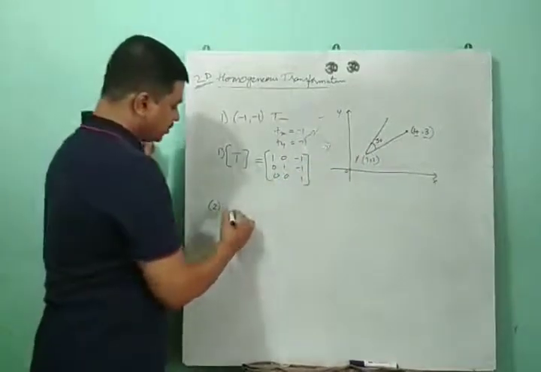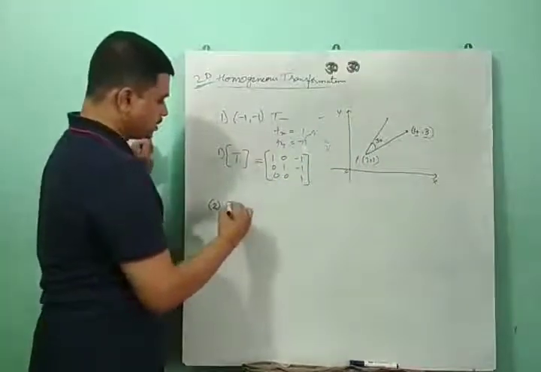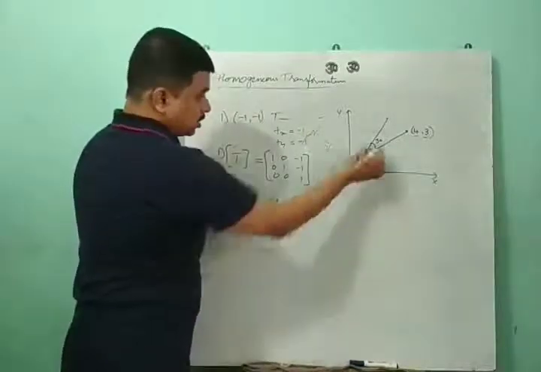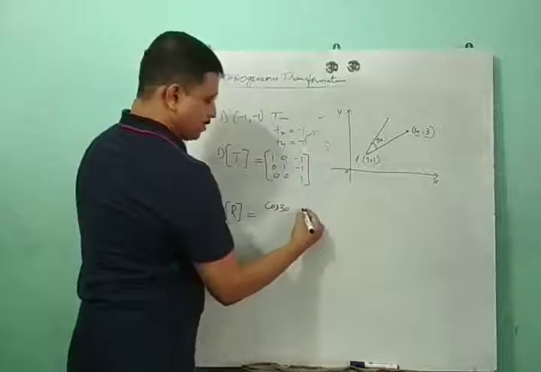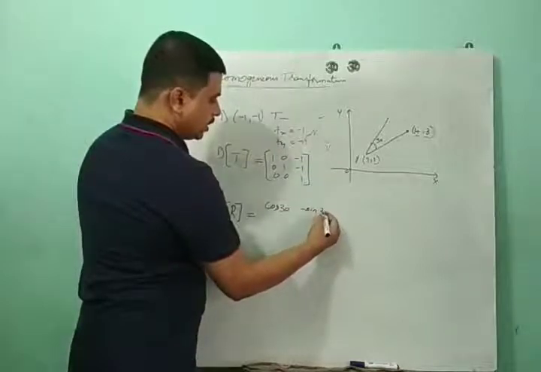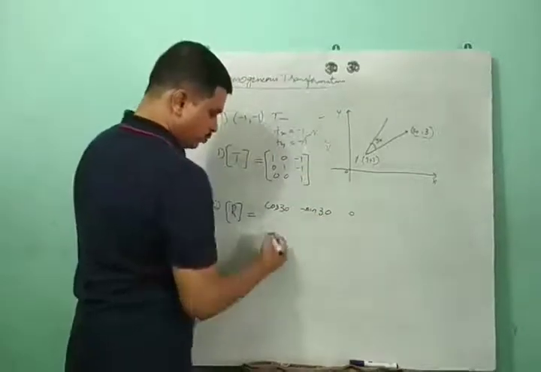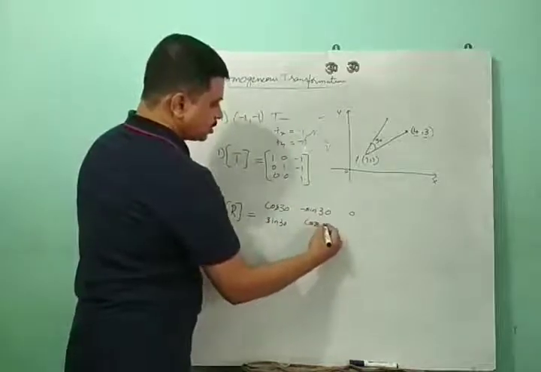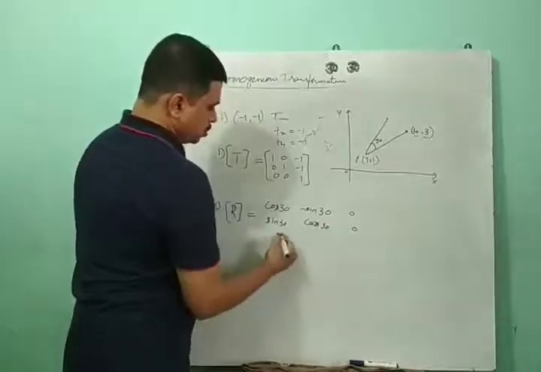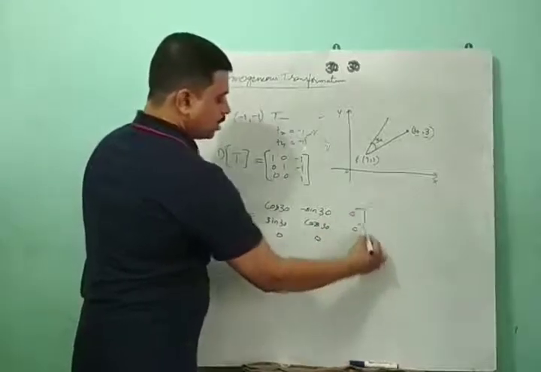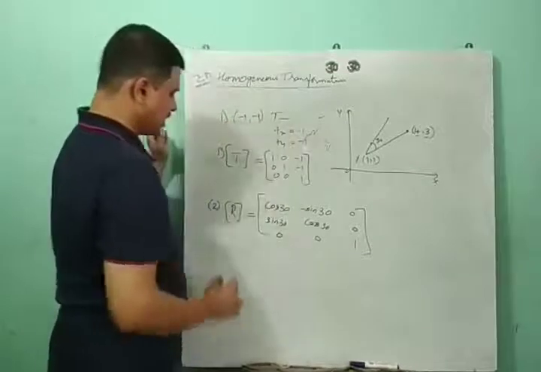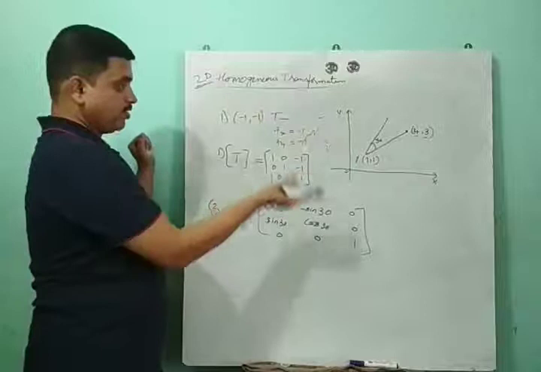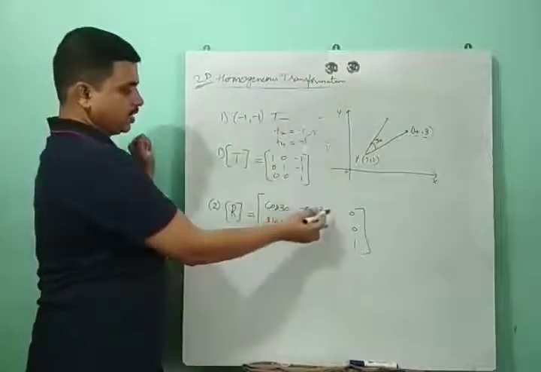In homogeneous transformation, the rotation matrix is represented as R equal to [cos 30, -sin 30, 0; sin 30, cos 30, 0; 0, 0, 1]. So this is the transformation matrix for rotation. That is the second operation. We have to rotate by 30 degrees.